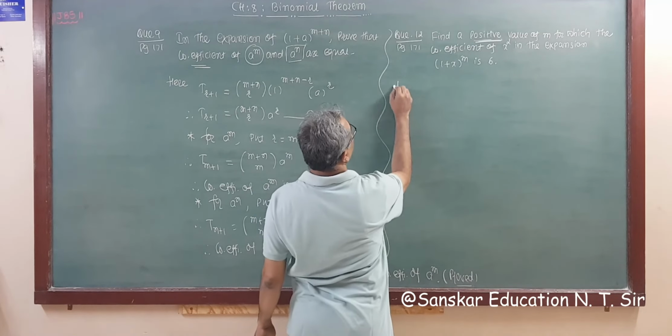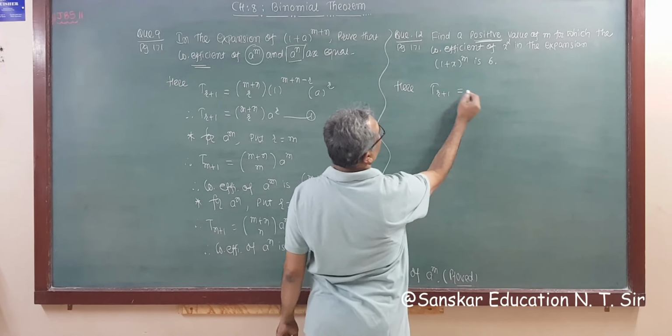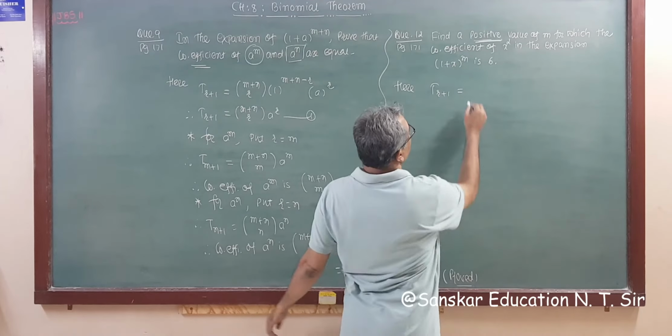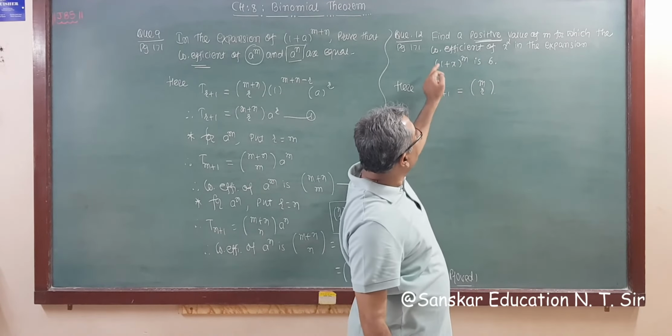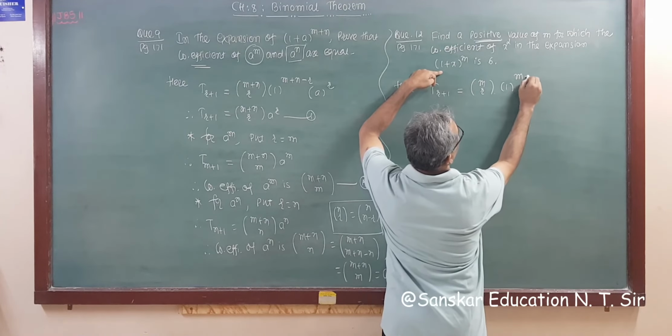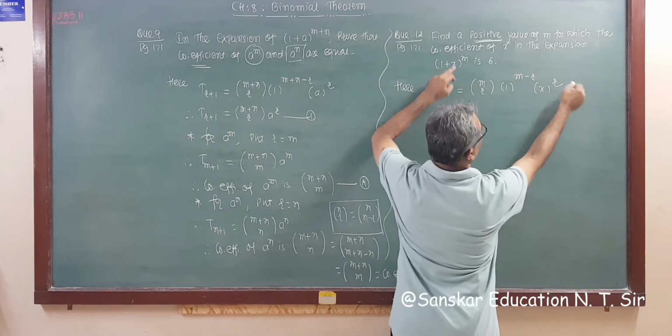So the general term T(r+1) is equal to mCr, where a is 1, so 1 raised to (m − r), and b is x raised to r.